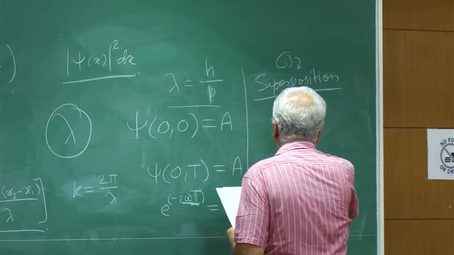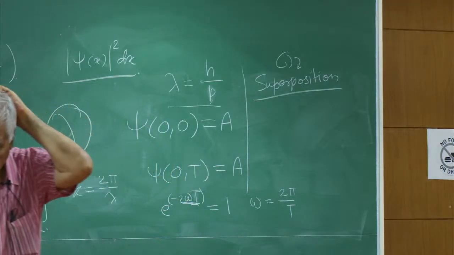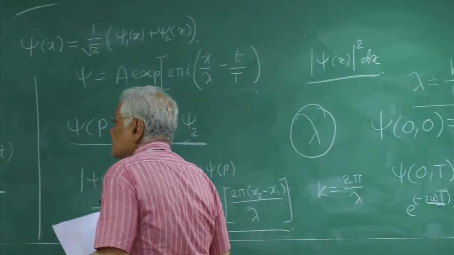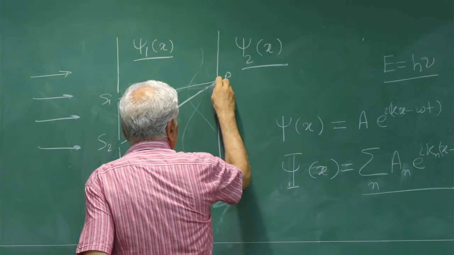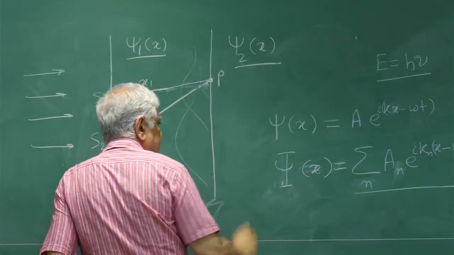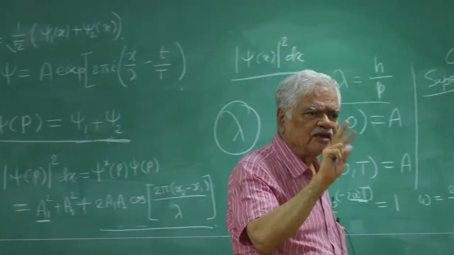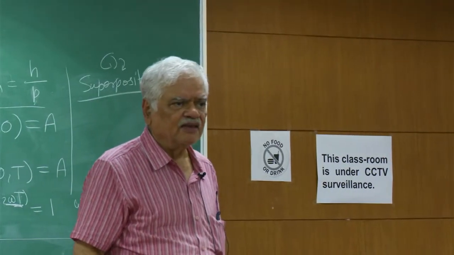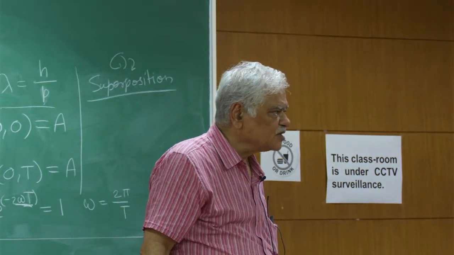Another very important thing is quantum probability. My interest was finding the electron reaching here at some point P. And there were two mutually exclusive alternatives for the electron to come: one is slit S1, the other is slit S2.